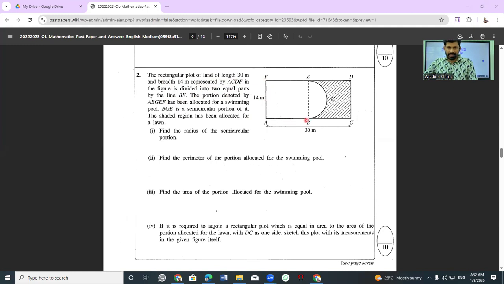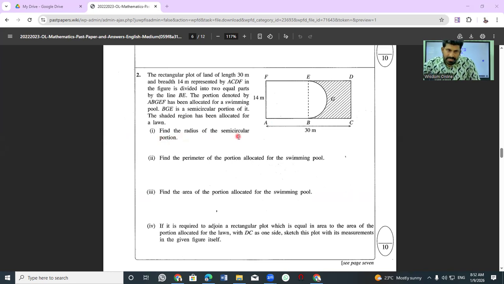Two equal parts means 15. So this one equals 15. ABGEF has been allocated for a swimming pool. BGE semicircle portion, the shaded region, has been allocated for a lawn.